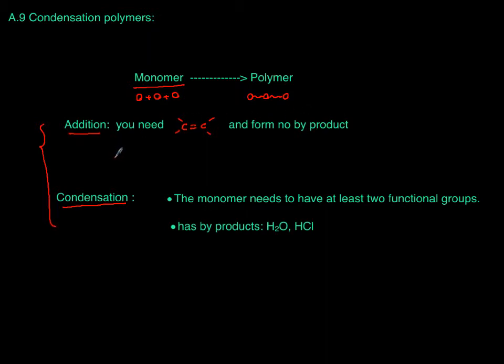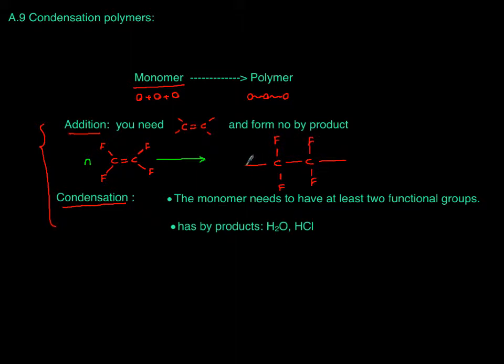For example, if I take tetrafluoroethene, and if you put n, which is a number bigger than 10,000 or 40,000, in order to make a meaningful polymer, you are going to end up with a link of carbon chains that are saturated, with single bonds.